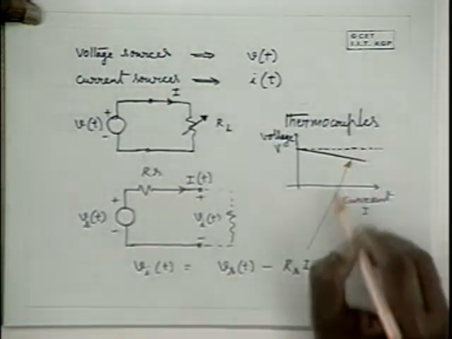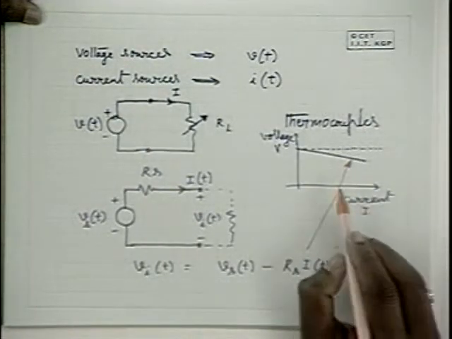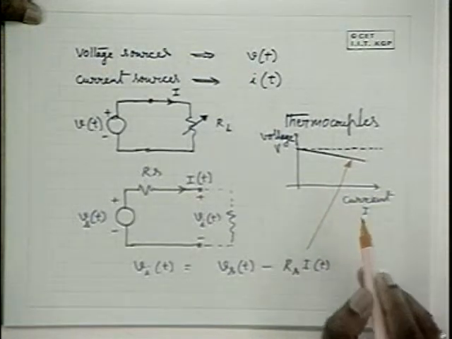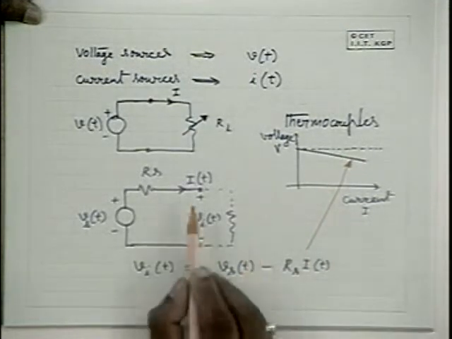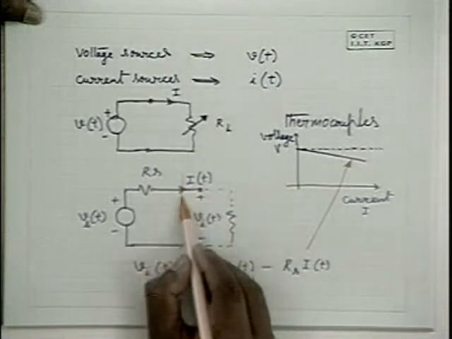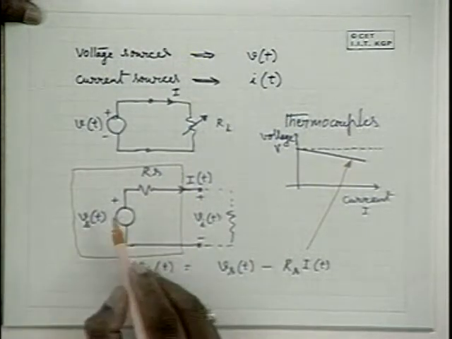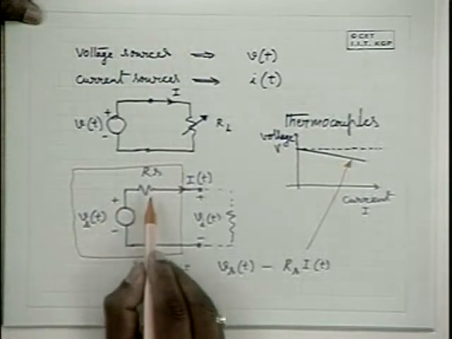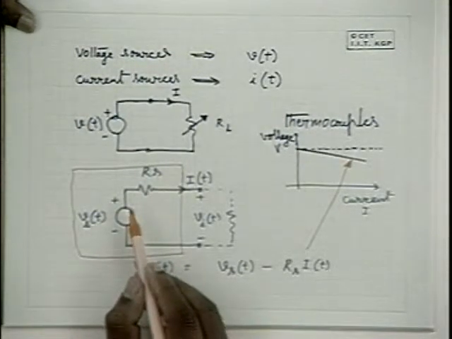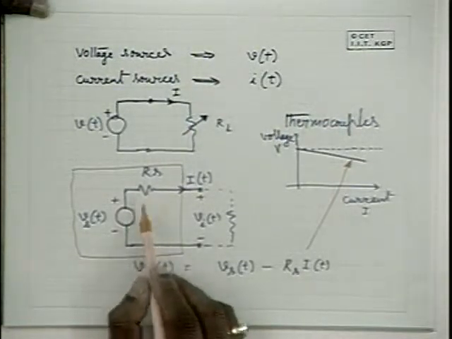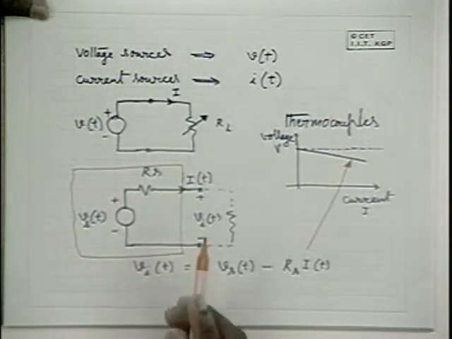So this is a straight line equation with slope equal to minus RS. So a practical source like this can be represented by an ideal voltage source in series with a source resistance. If the source resistance is 0, it is very closely equal to an ideal voltage source.